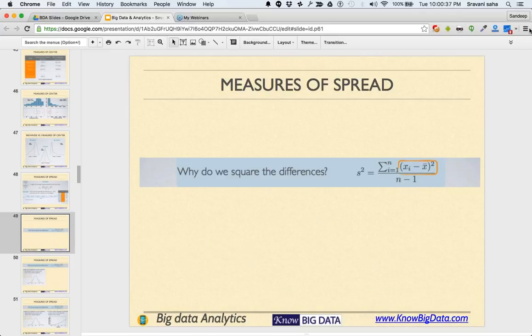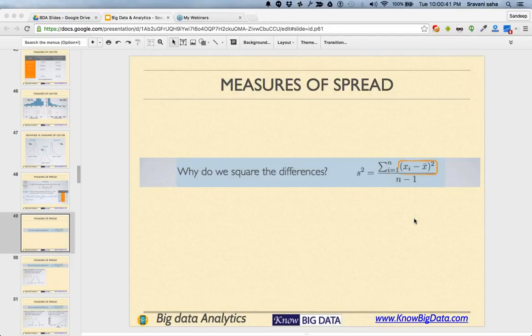Now can anybody tell me why we square the differences while computing the standard deviation?